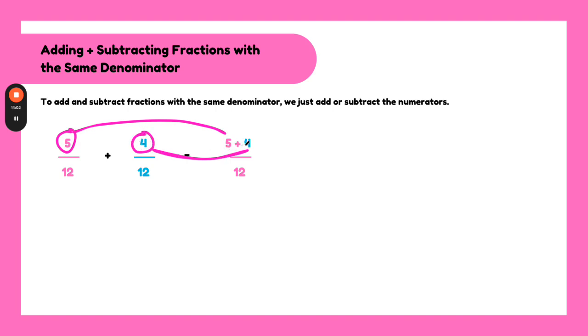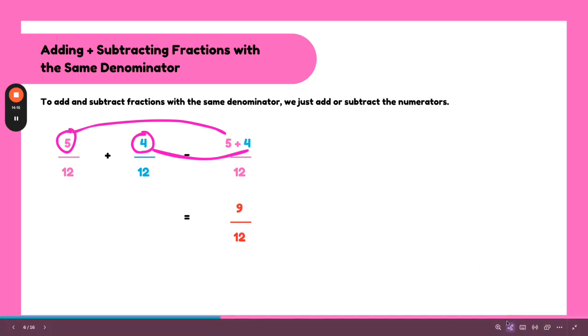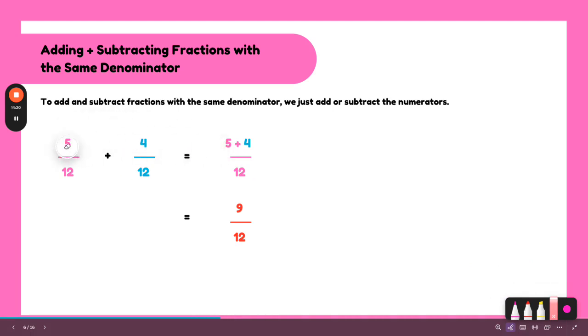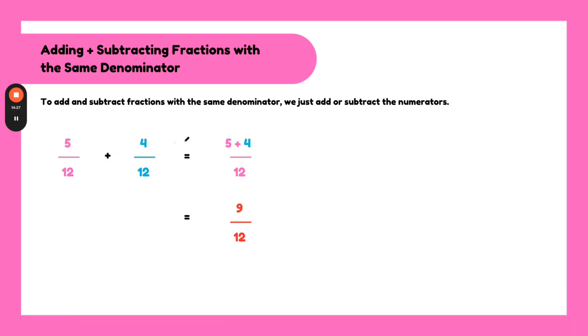So 5 plus 4, and this is all over 12. And 5 plus 4 is 9. So our answer would be 9 over 12. What we did was add the numerators of both fractions together.